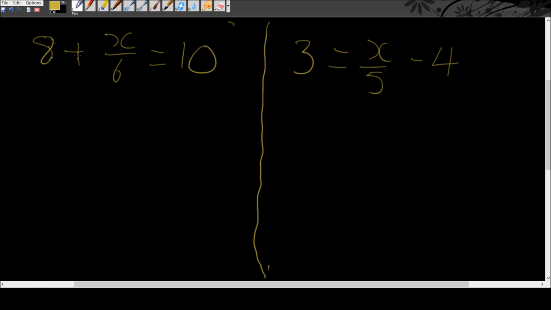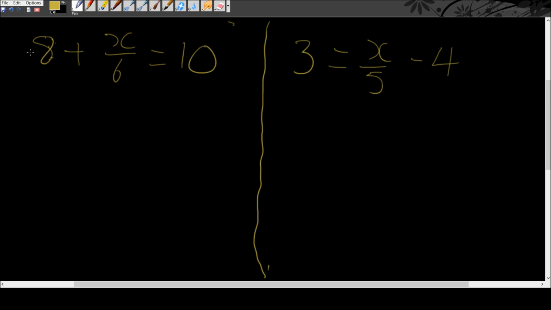So we've got 8 plus x divided by 6. Now, what we're doing to the x, we're dividing the x by 6, and we're also adding 8 to the x as well, okay? But first thing first, we need to get rid of this 8 here.